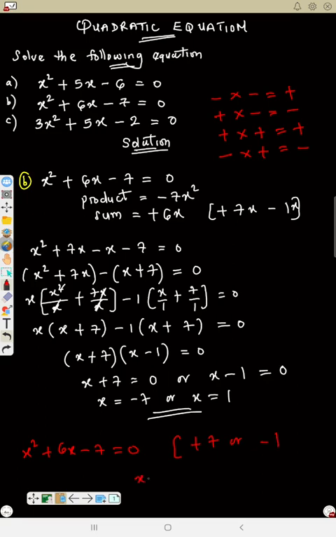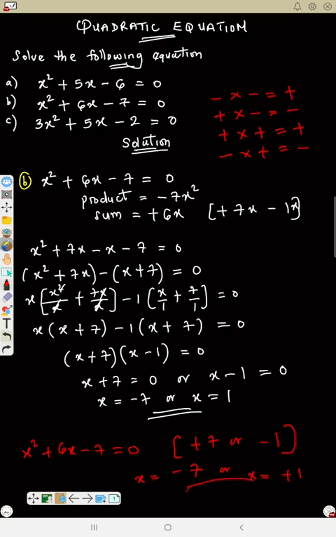So if you reverse the signs, plus 7 becomes minus 7, so s equals minus 7, or s equals plus 1, as minus changes to plus. Because the coefficient here is 1, it is like dividing the two by 1, but it will not have any effect. So that will be the answer.